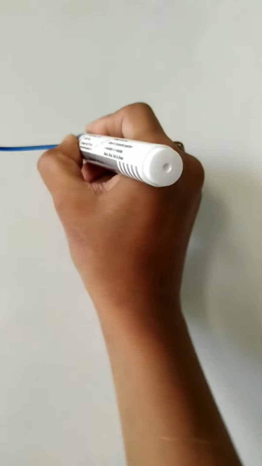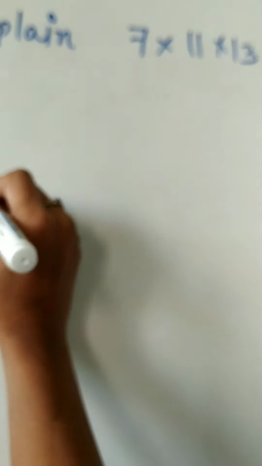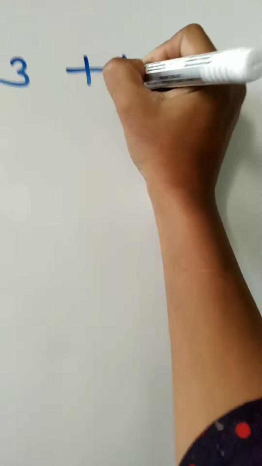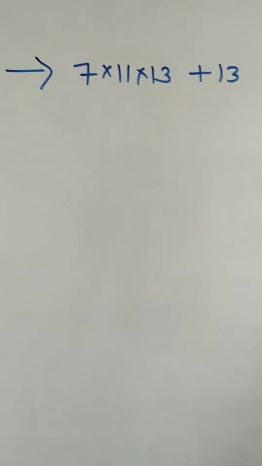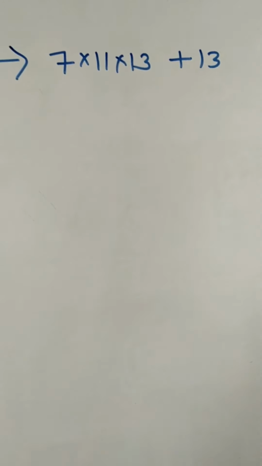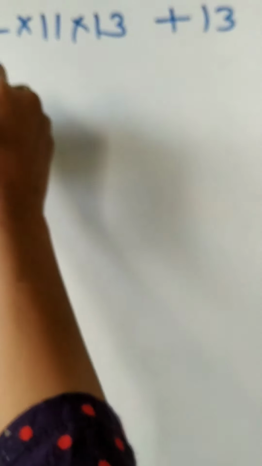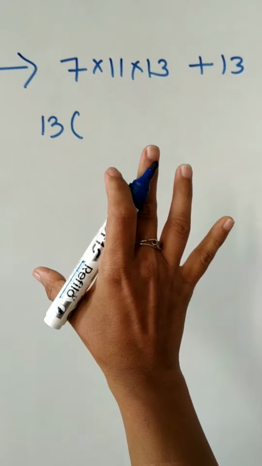So how will we prove it? We will take that number, 7 into 11 into 13 plus 13, and write it. Now how will we prove it? Just watch carefully. In both terms 13 is common, so we will take out 13 common.